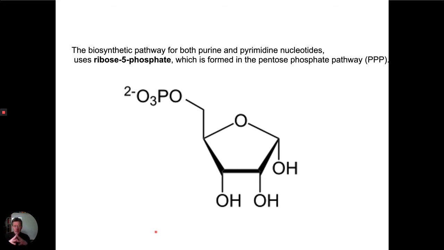Now, you might wonder where the ribose comes from. And of course, we know from the pentose phosphate pathway that ribose 5-phosphate popped up there. So this probably is one of the reasons why we've got so much of the ribose to be used in the RNA. But, and this is something, once again, not necessarily within the scope of this lecture series. This is a bit of a question of how far we come in this lecture series, this term, because, well, these are slightly different times than usually.